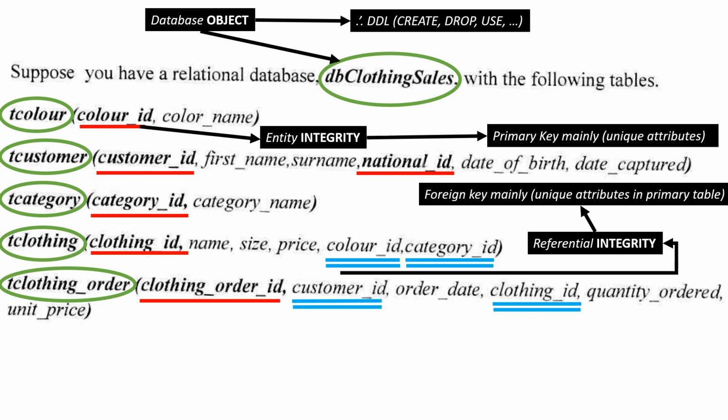Let me start again. T clothing order depends on T customer. T clothing order depends on T clothing. Therefore, T clothing order must be created after creating T customer and T clothing.